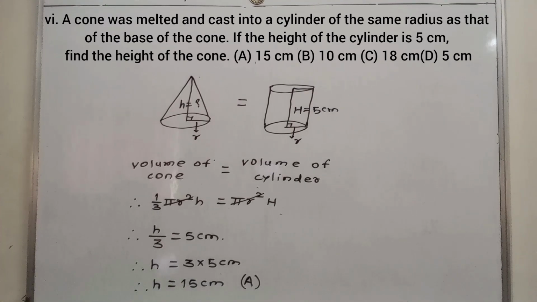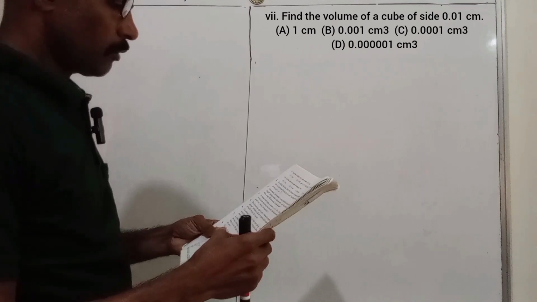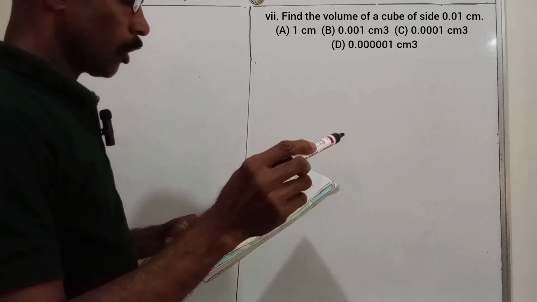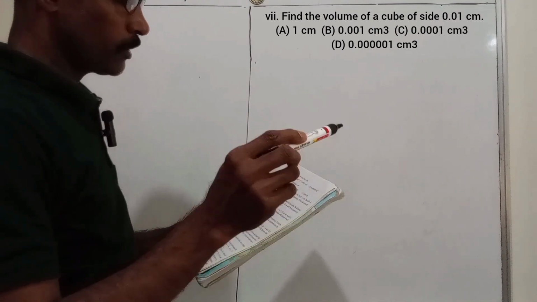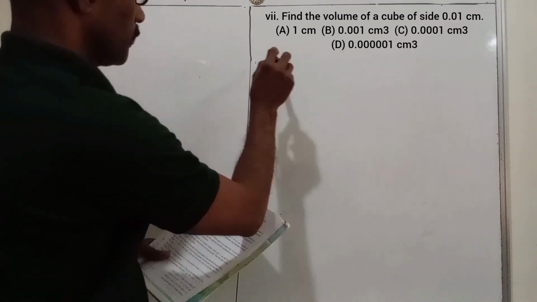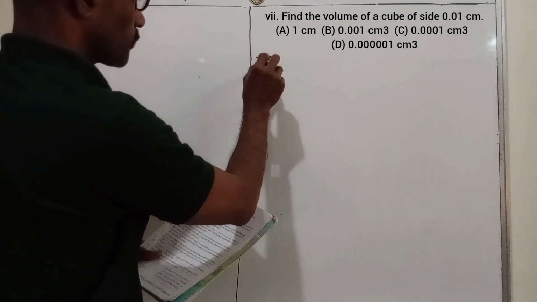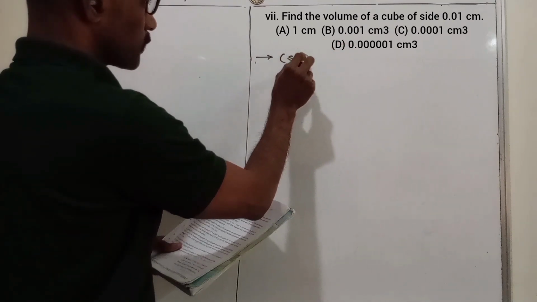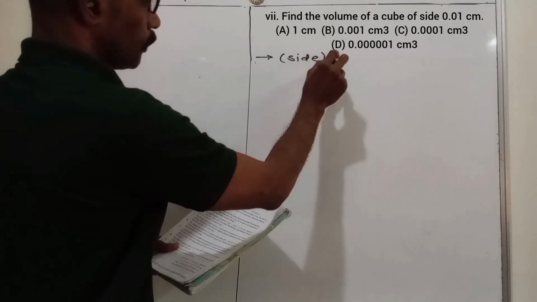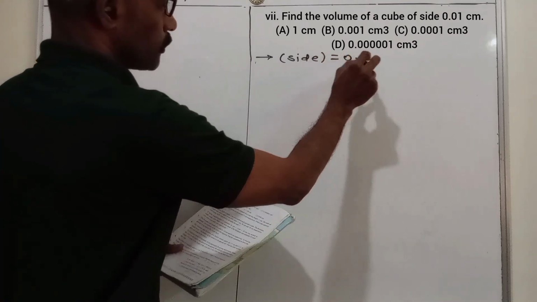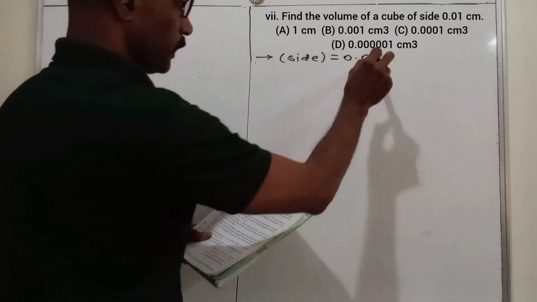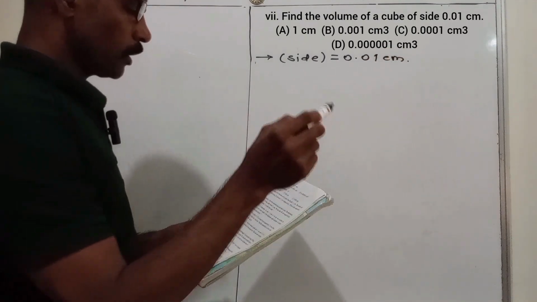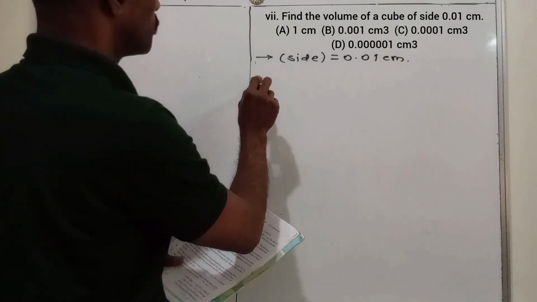This is our answer. Question number 7. Find the volume of a cube of side 0.01 centimeter. Length of side is given. Side is equal to 0.01 centimeter. Then question, find the volume of that cube.